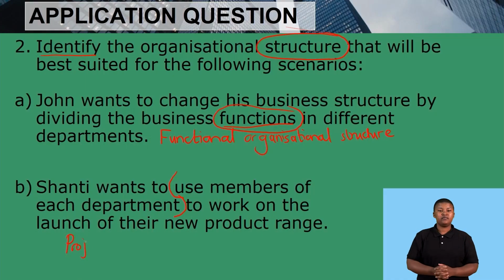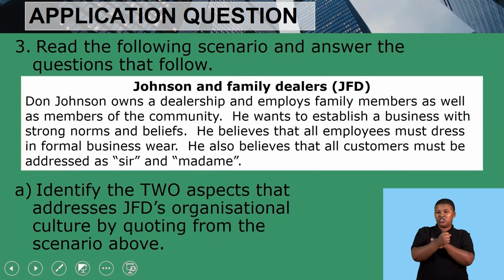With the matrix structure, they will remain in their departments. So this is then obviously the project organizational structure. There we go. Again, we will not only write project, we will write project organizational structure.